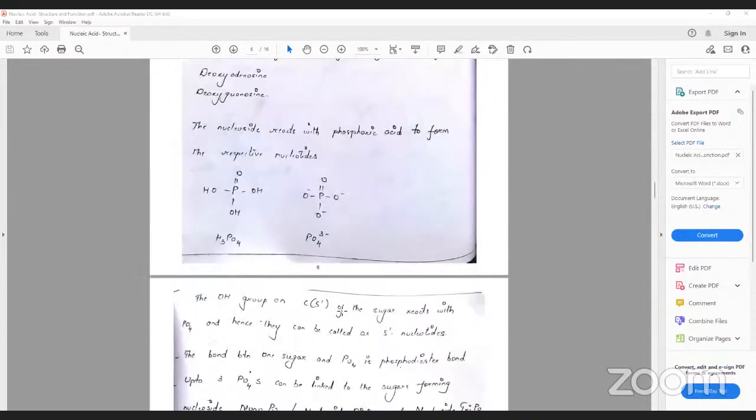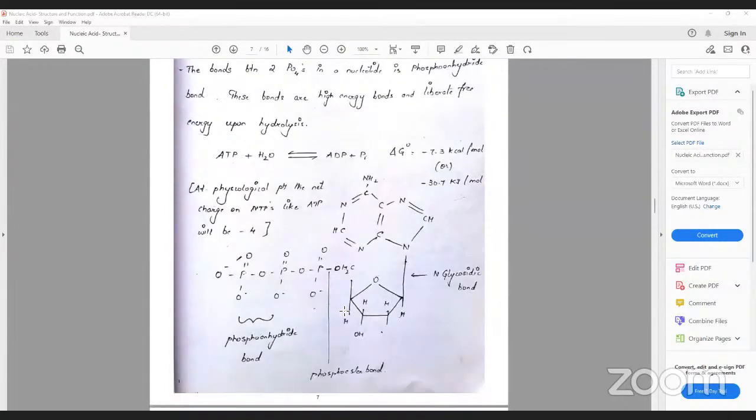Now, coming to the phosphoester bond. This is the structure of ATP, where this is the adenine. The adenine plus sugar you call adenosine.